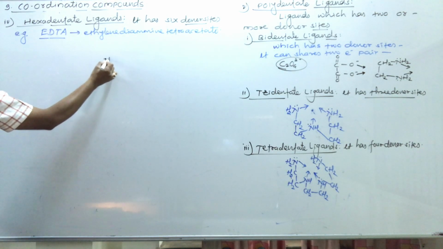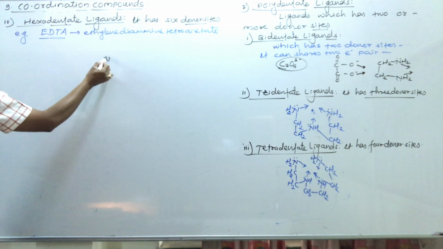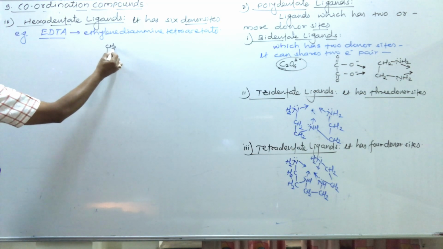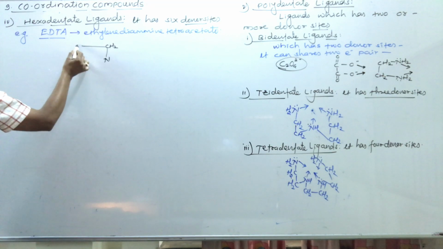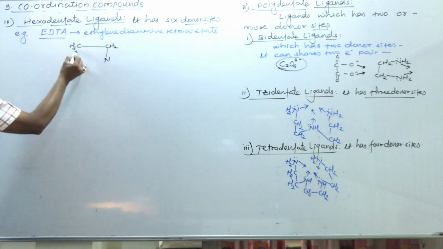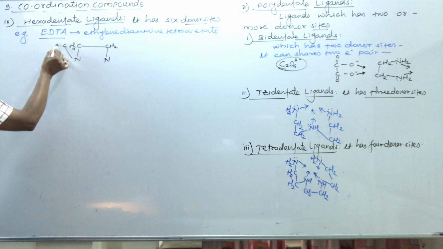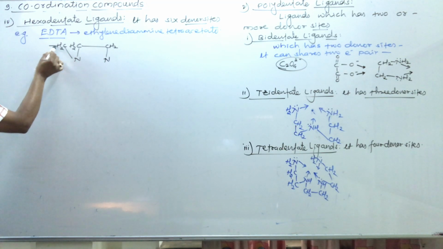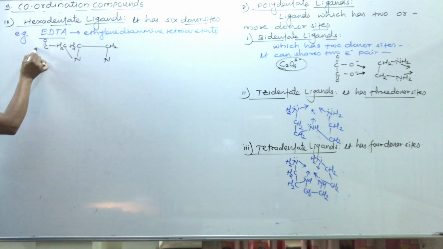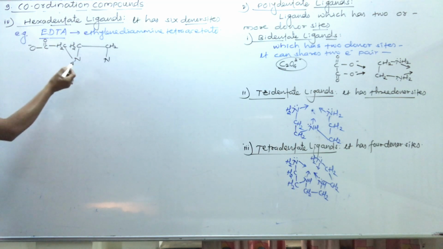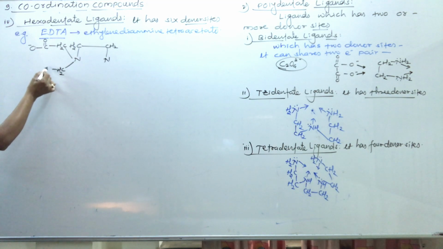Here see the nitrogen atom, then a CH2 group, then here also a CH2 group, here a nitrogen atom, then a CH2 group, and here C double bond O minus, then also a CH2 group, C double bond O, here O minus.